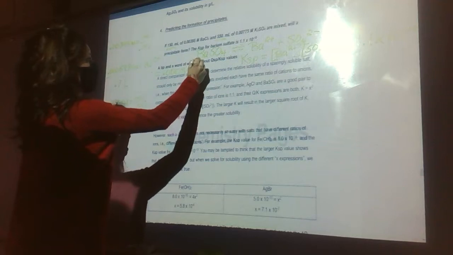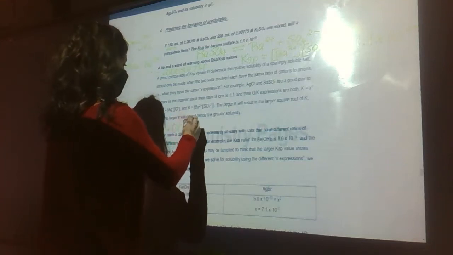So divided by 0.7 liters gives me 0.000847 molar barium ions.